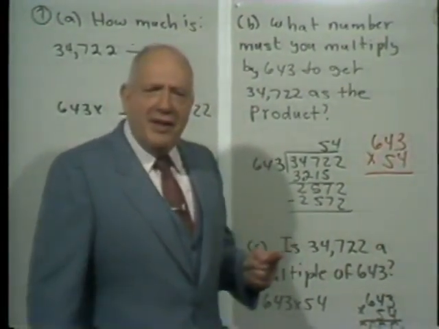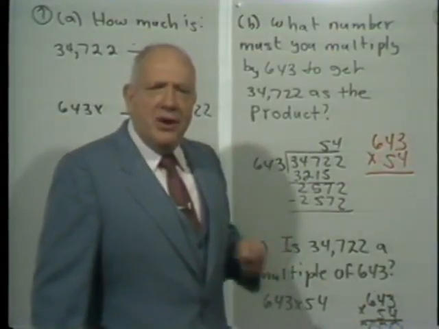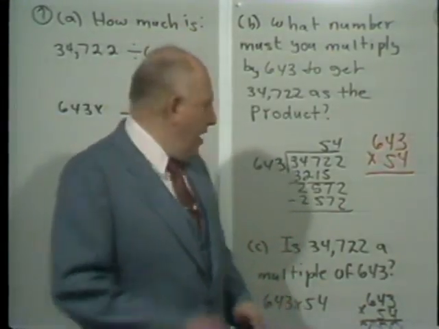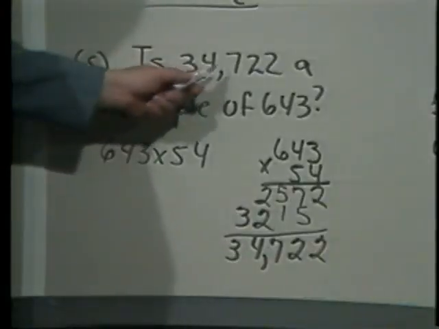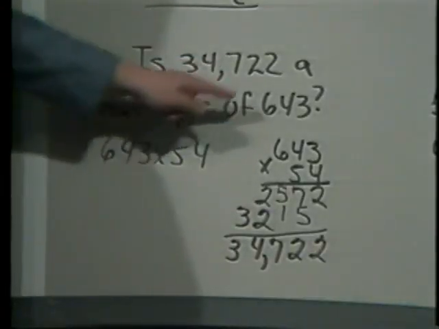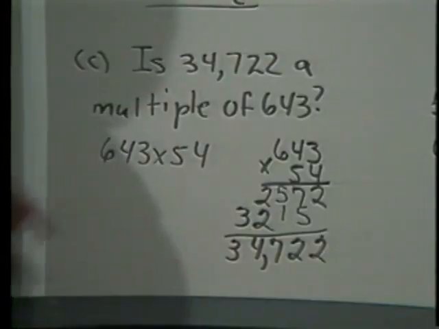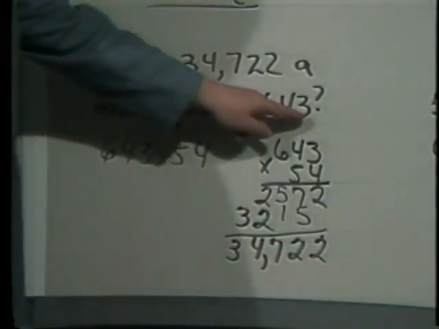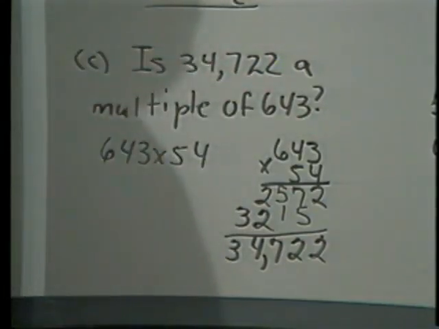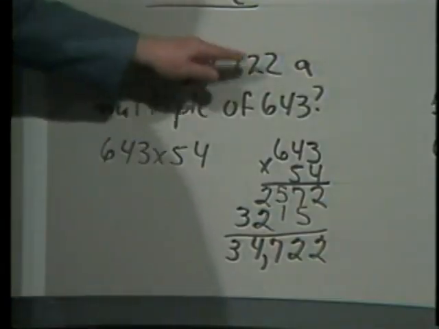And part C is just a rewording of A and B. What I want you to see is that when you do either A, B, or C, you've done all 3. Part C says, is 34,722 a multiple of 643? What that says is, if you were counting by 643s, would you ever come to 34,722 exactly? And the answer is yes.